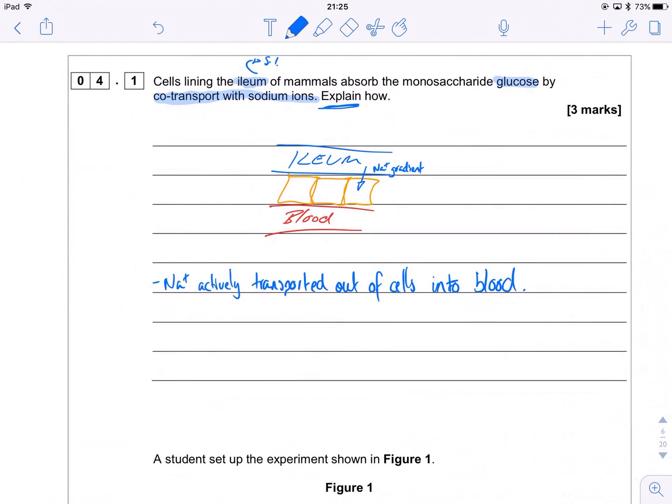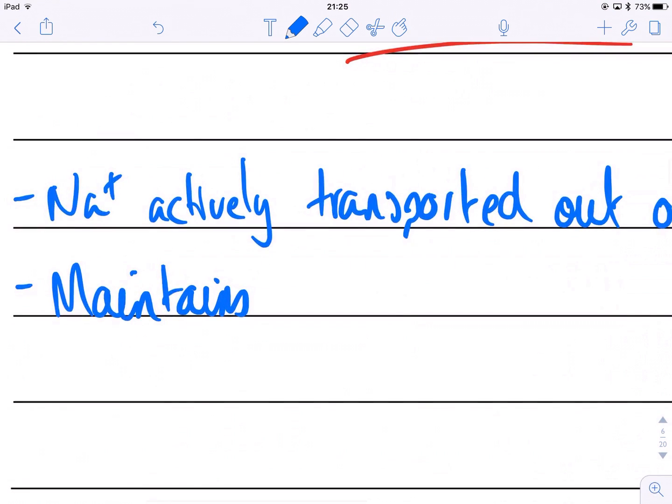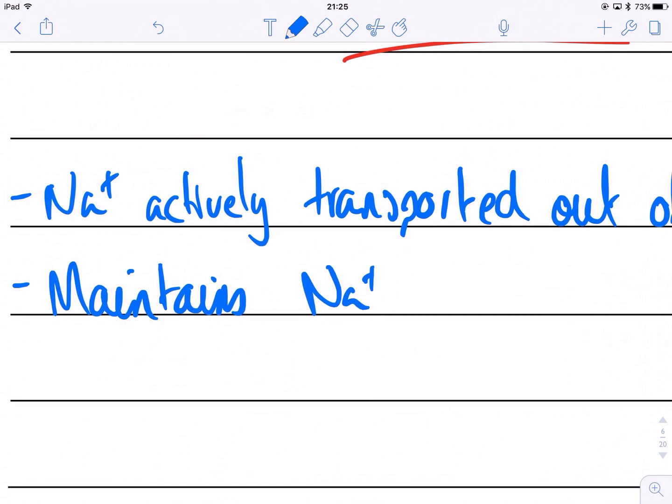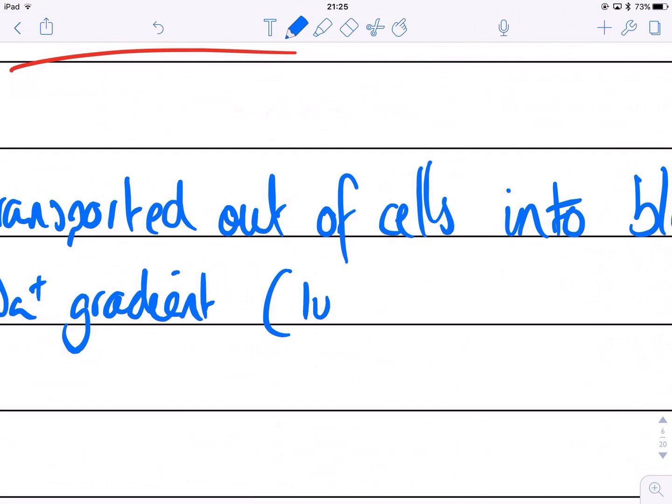Well, that maintains a favourable sodium concentration gradient. So maintains an Na+ gradient, and that gradient, of course, we're talking about from the lumen of the small intestine to the cells, which is great.